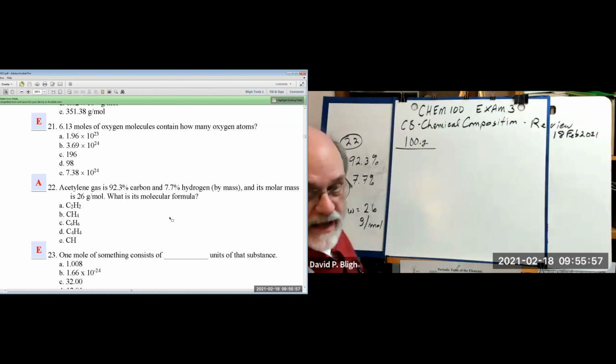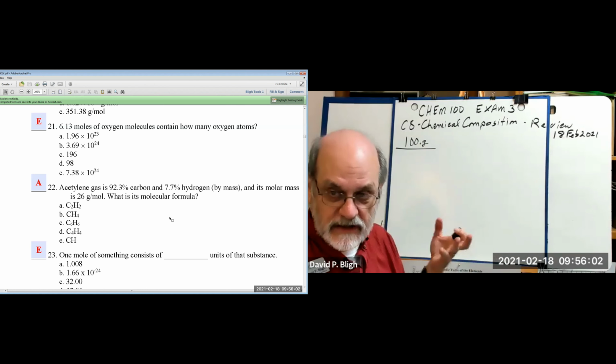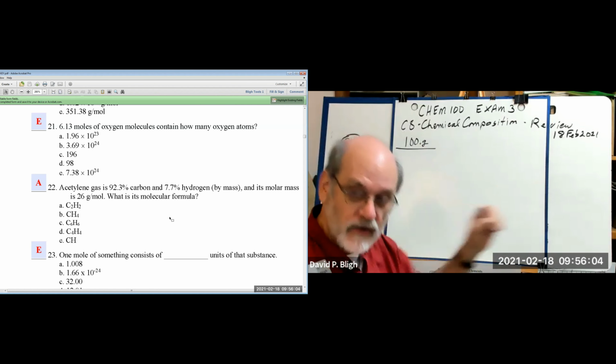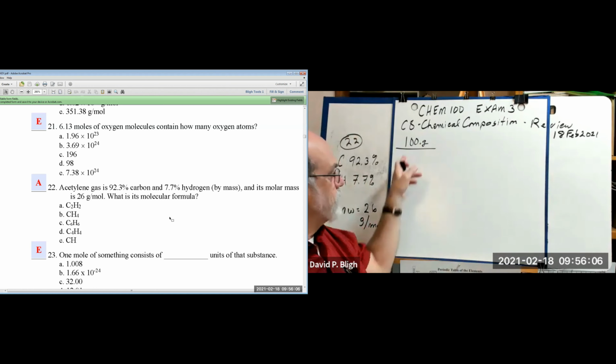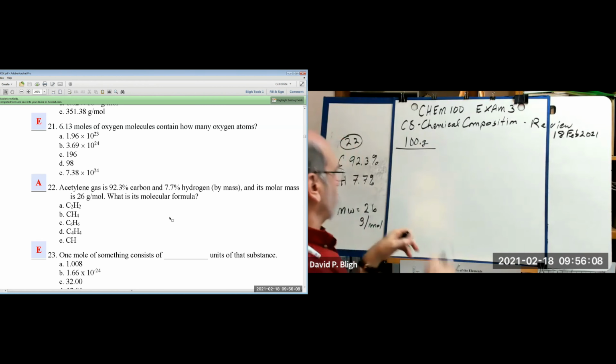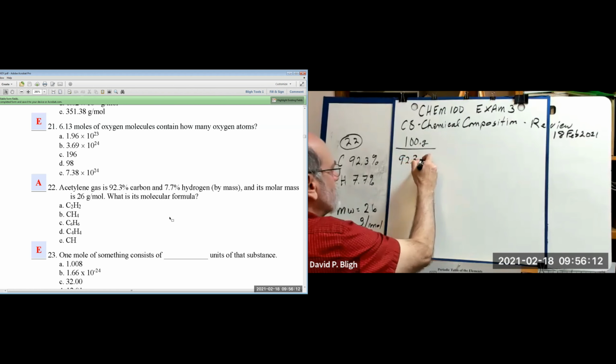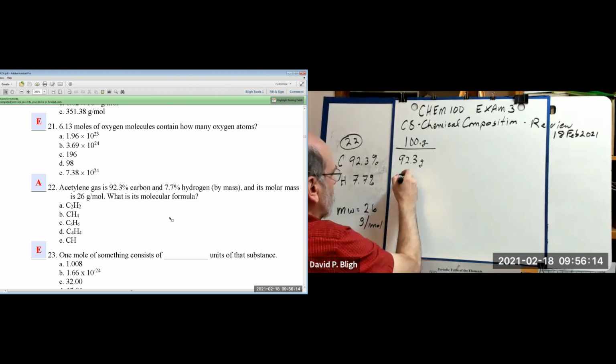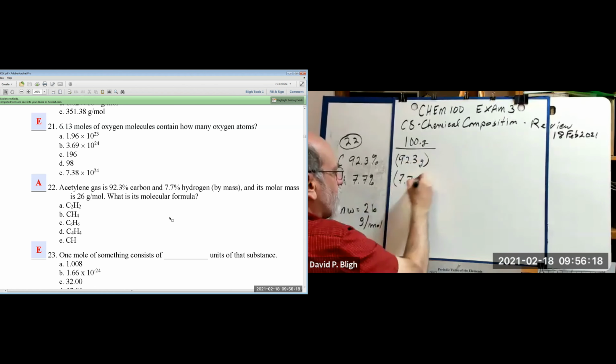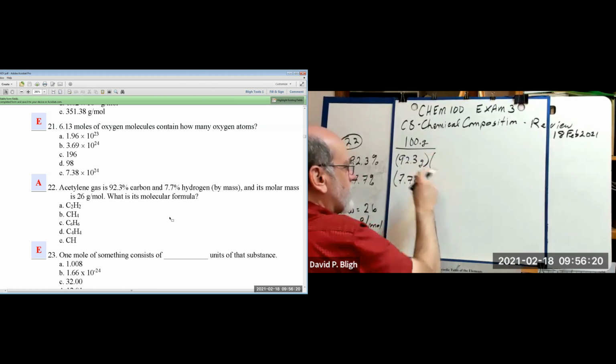If you're not actually given mass, and some problems will do that, they actually give you the mass composition, and then you can calculate from there. You won't have to do this jump. But now, in this case, we have 92.3 grams of carbon and 7.7 grams of hydrogen. So now we have to convert them to moles and find out what their ratio is.